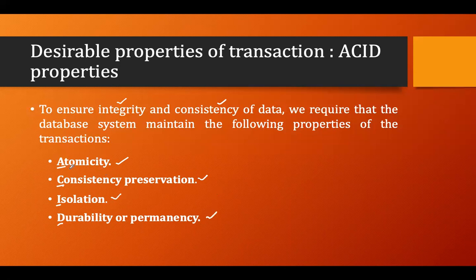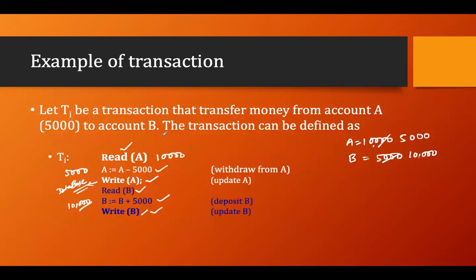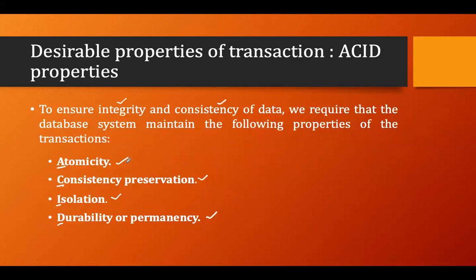Now let's talk about the first property, which is called atomicity. As I told you, the transaction has many read and write operations. Atomicity says that if we are executing a transaction, all the operations related to the transaction should be performed, or none of the operations will be performed.